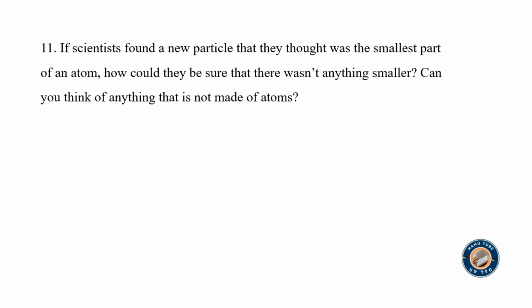Question number 11. If scientists found a new particle that they thought was the smallest part of an atom, how could they be sure that there wasn't anything smaller? Can you think of anything that is not made of atoms?